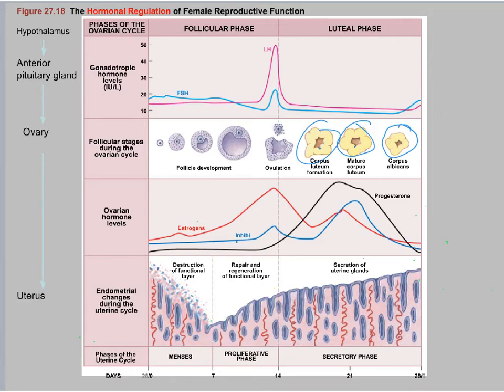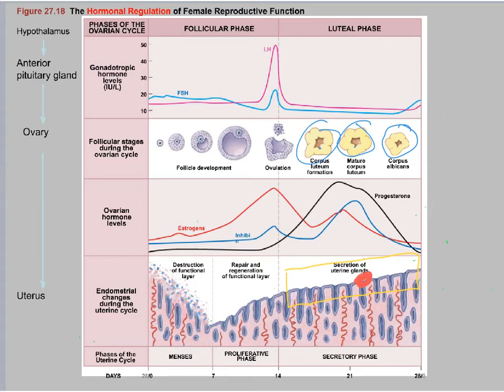And that corpus luteum, when it's secreting that progesterone, is maintaining this endometrial lining long enough for that fertilized egg to make its way down the fallopian tubes, implant safely in the endometrium, in the wall, and begin its development.